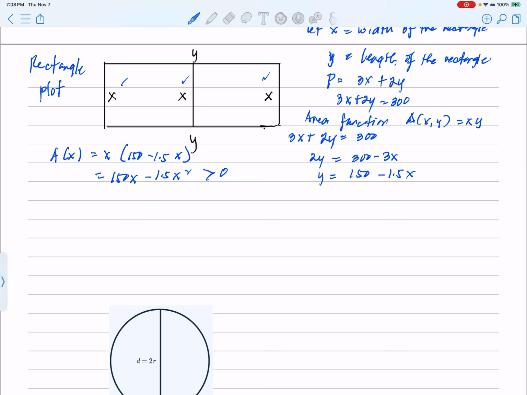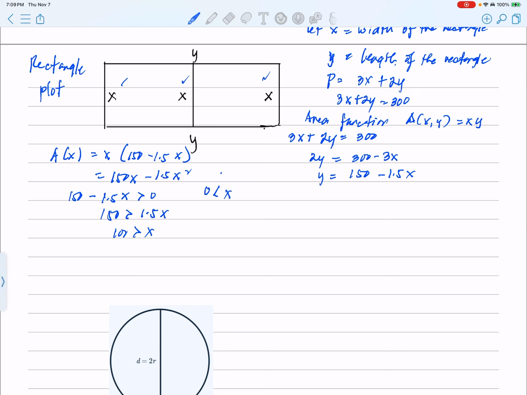I will have the upper limit written here. 150 minus 1.5x should be greater than 0. So 150 greater than 1.5x. So 100 greater than x. This means that x should be greater than 0 and less than 100.